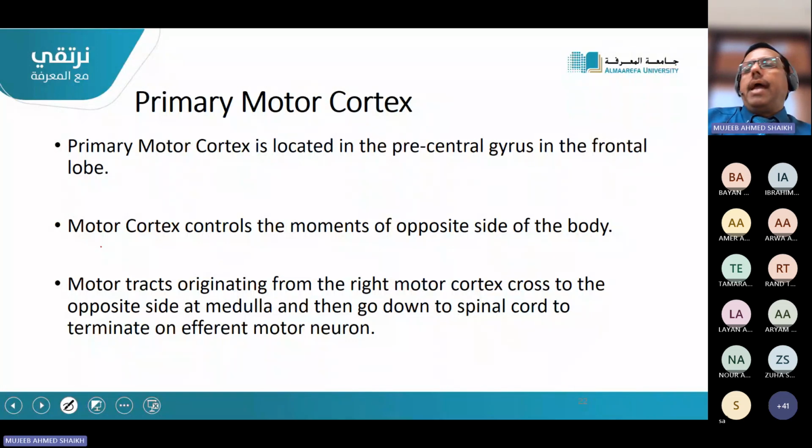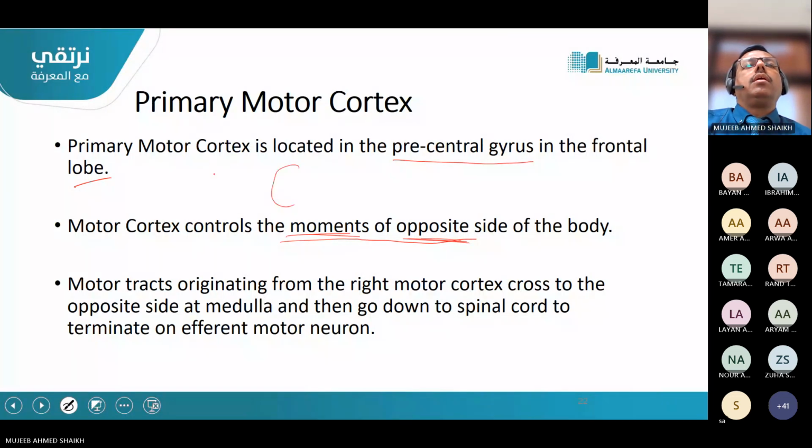So the primary motor area is located before the central sulcus. That's why it is called the precentral gyrus, and it is in the frontal lobe. What is the function of the motor cortex? It is controlling movement, of the opposite side of the body. Suppose I draw it in front now. This is a brain divided into two lobes, right and left. Suppose this is the primary motor area.